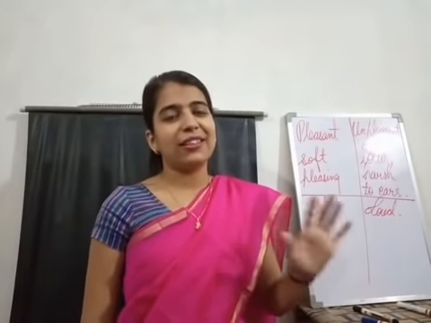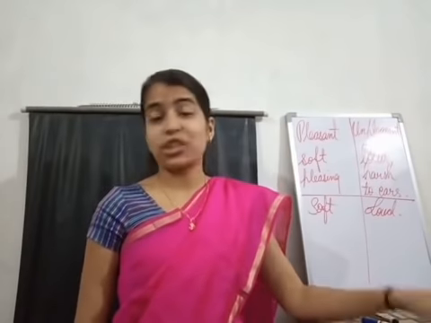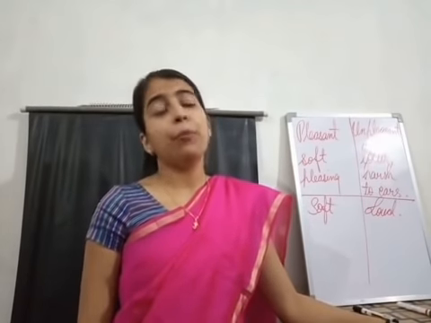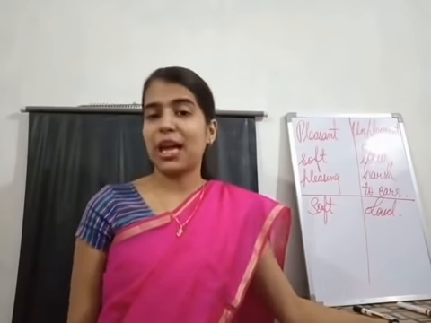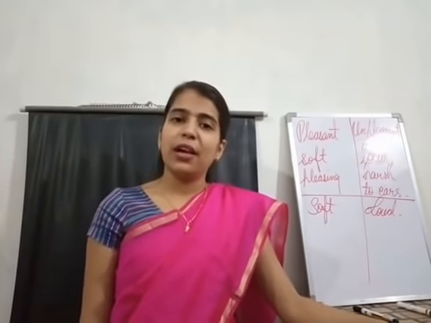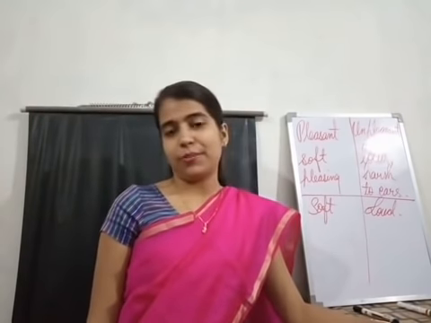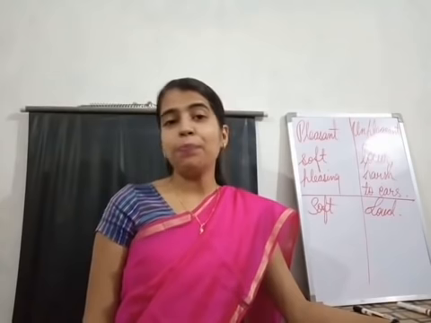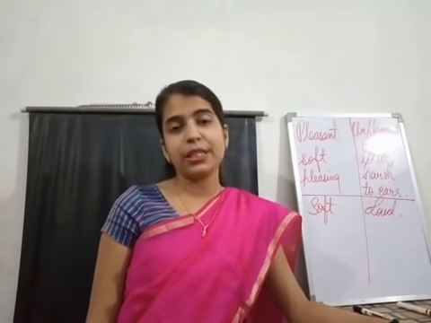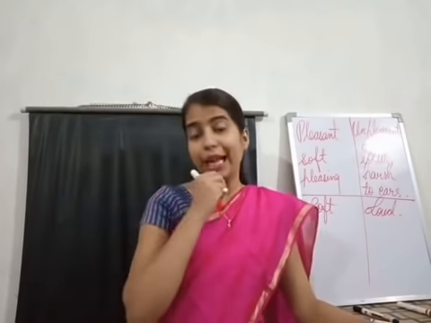I have already uploaded the question answers and the book exercises for your previous chapter, lesson number 5, on the website. Kindly go through the question answers and try to complete it. Also, I have given the diagrams to draw.